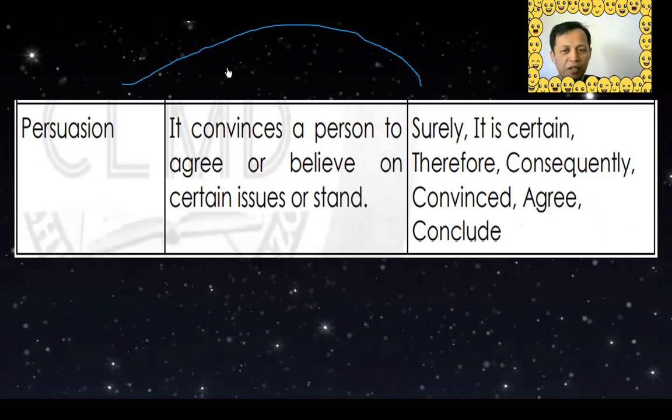Again, we could give an example: I totally agree that coronavirus is a very dangerous disease and we should all be careful with our actions. So those are the types of informational text.